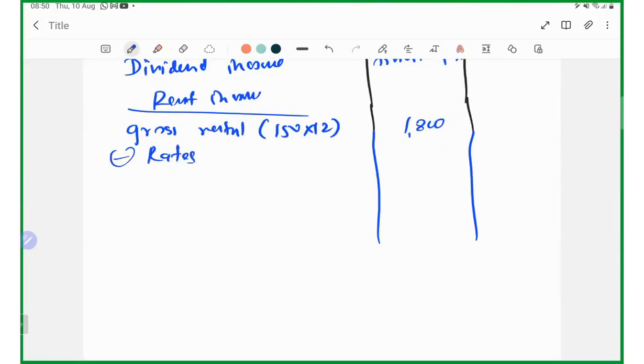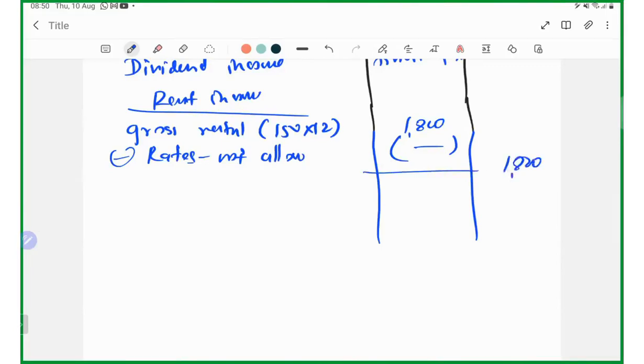Then you can deduct rates paid if there are any. In this case, there are no rates paid by her, so not allowed. What is the reason? The rates are paid by the tenant. If the rates were paid by Dasuni, then you would take the rates 300,000 into 30%. But in this case, the tenant means the company. If the company is the party who paid the rates, you cannot deduct that as 1,800.